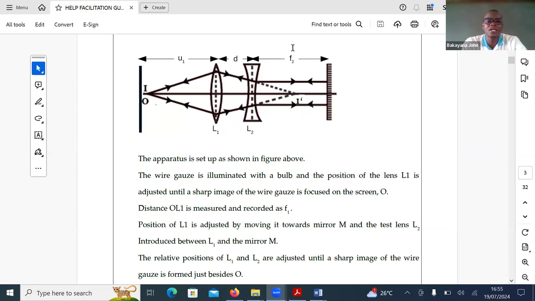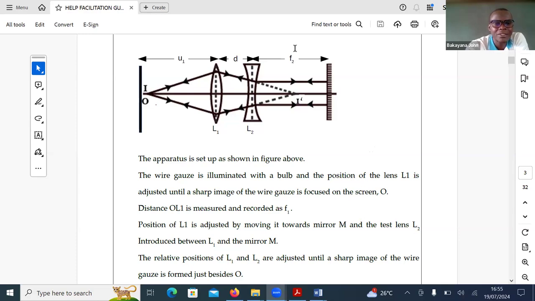Okay, so after we introduce in a concave lens between the convex lens and the plane mirror, we adjust the concave lens to and fro. At a point when rays meet the plane mirror at 90 degrees, there we expect that the object, after inserting a concave lens between the convex lens and the mirror, coincides with the image.